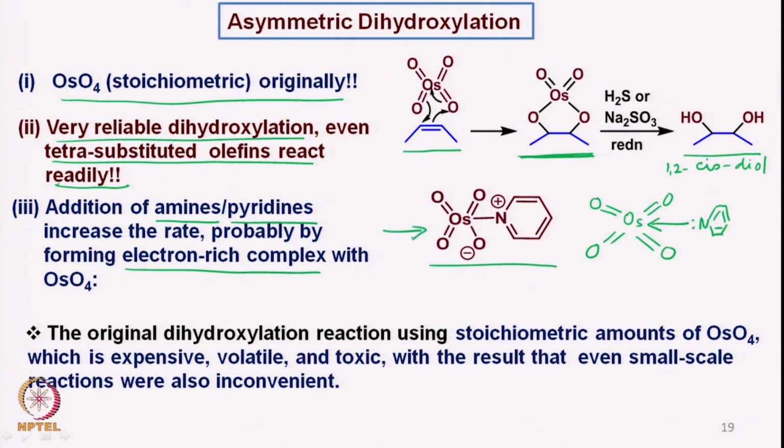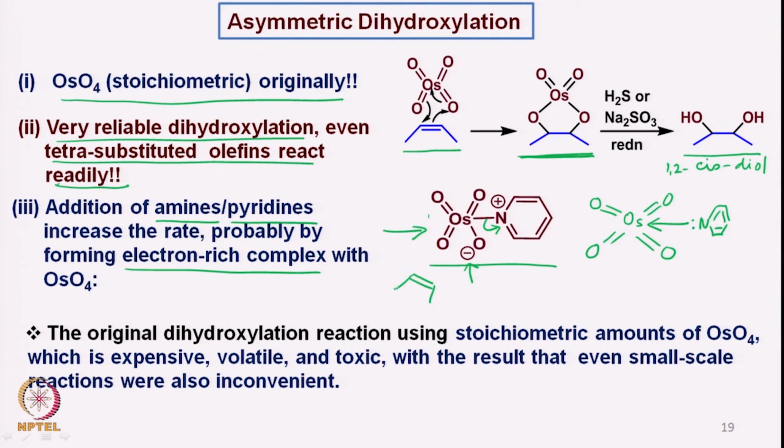When such a reaction happens, we have a leaving group here, at the same time we have a nucleophilic oxygen here, and we have 3 osmium oxygen double bonds which are electrophilically oriented, and therefore this dihydroxylation occurs very fast.